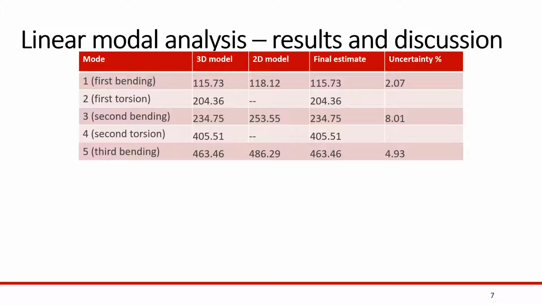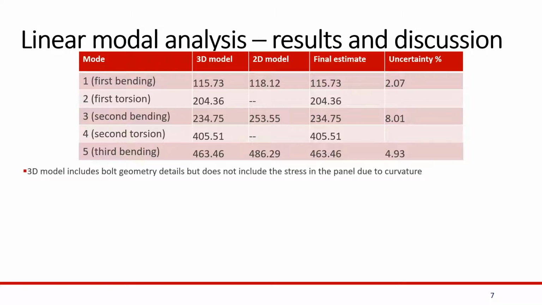Now, the table here shows the linear modal analysis results from the 3D model as well as the 2D model. A few notes about this. The 3D model includes the bolt geometry details, but it does not include the stress in the panel due to the curvature. The panel was modeled already being curved.